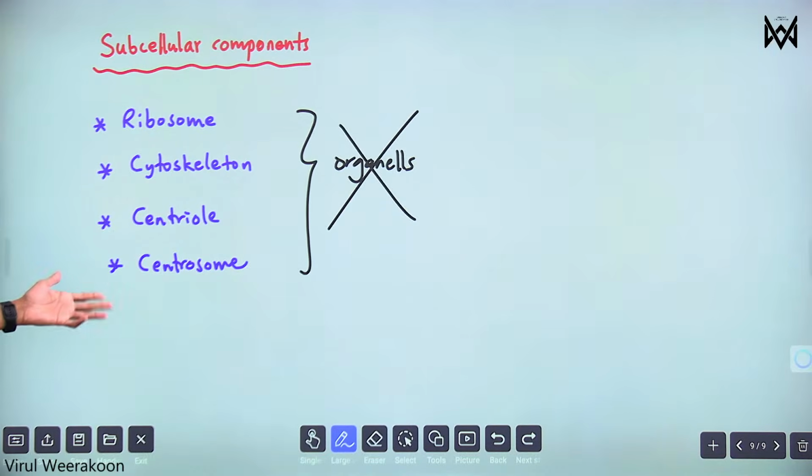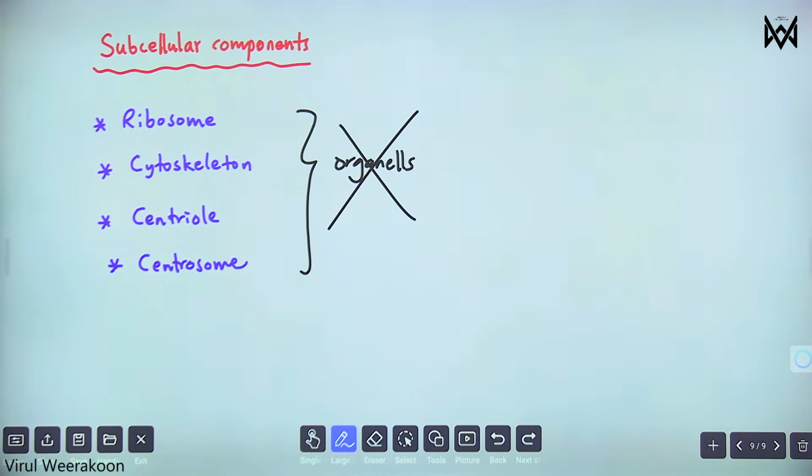It means prokaryotic cilia, prokaryotic flagella, each and every kind of thing found inside the prokaryotic cell also comes under subcellular components. That's the simple theory there.